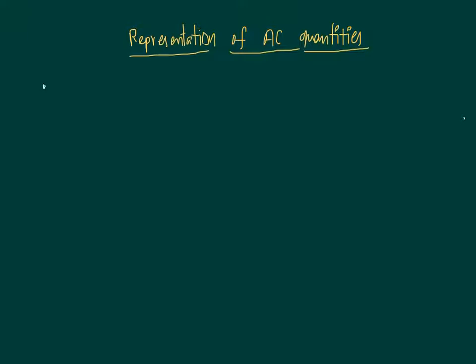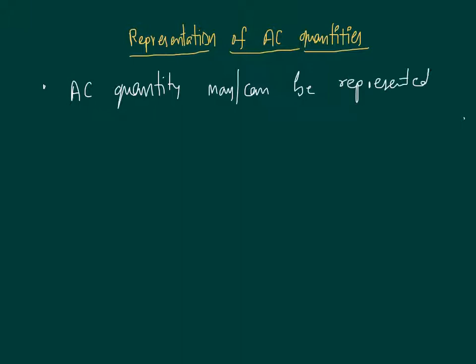An alternating quantity, AC quantity, can be represented by three forms.